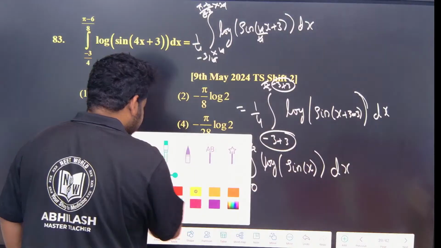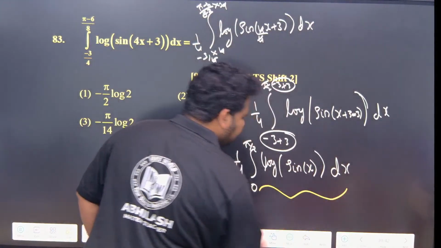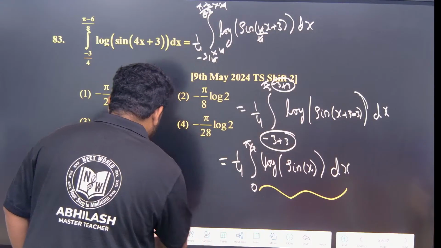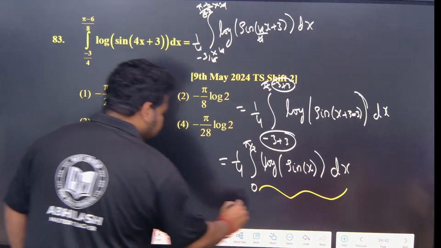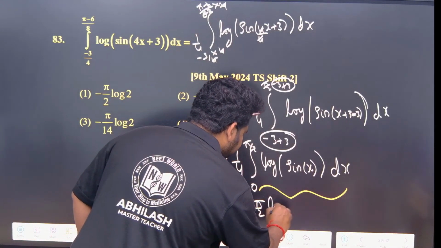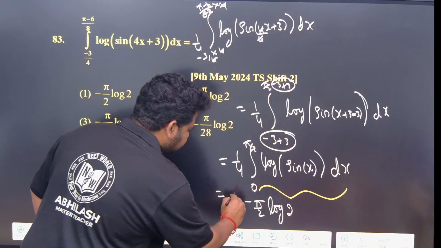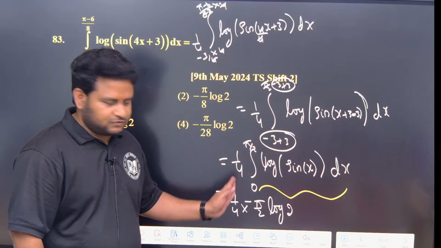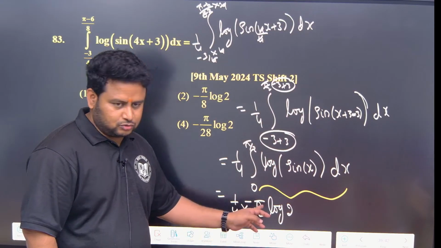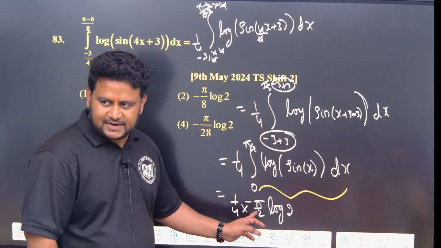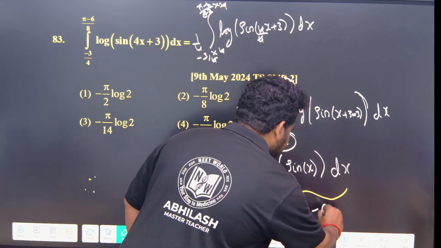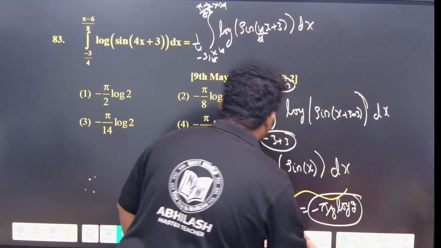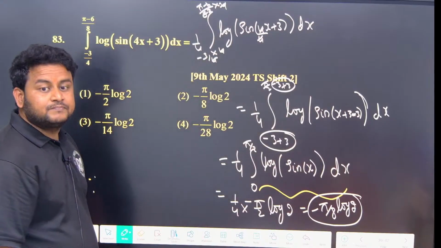So the answer for this entire thing is minus pi by 2 log 2, but 1 by 4 is also there in the question. So 1 by 4 into minus pi by 2 log 2 gives minus pi by 8 log 2. Which is the option? Second option.